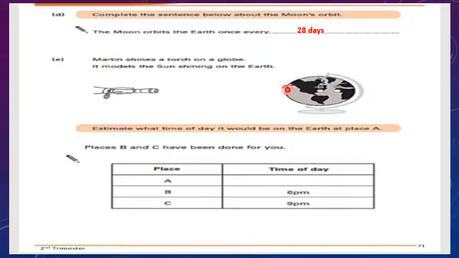Since the distance between A and B is double the distance between B and C, the difference in timing will be about 6 hours, and that will make the time at point A 12 p.m.